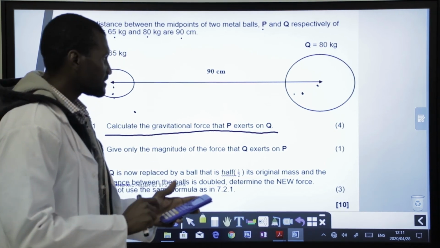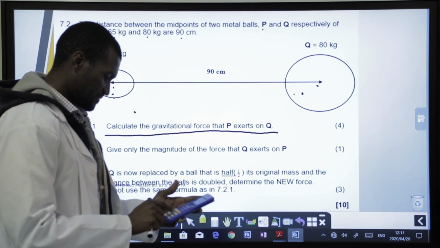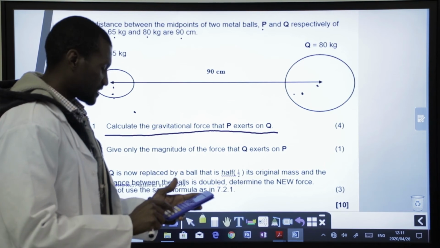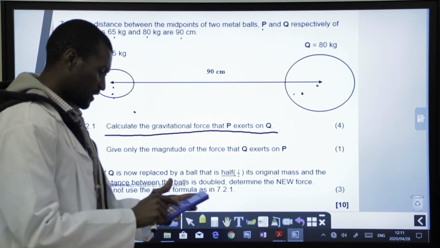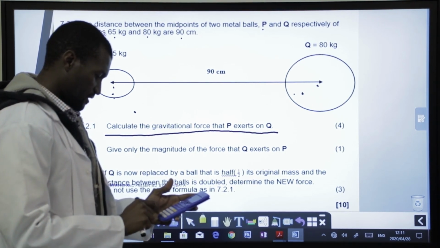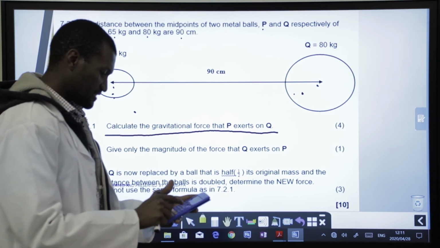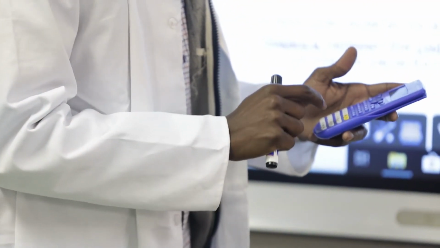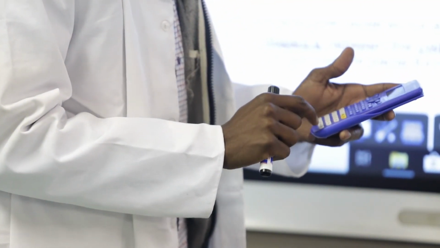Divided by 90 times 10 to the power negative 2, which is changing it to meters, all squared.